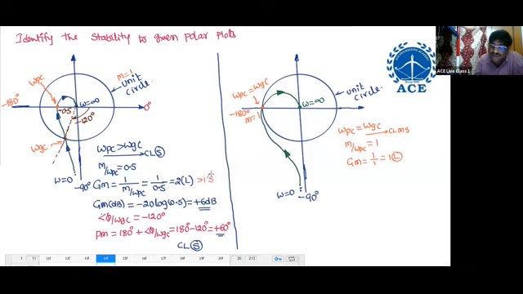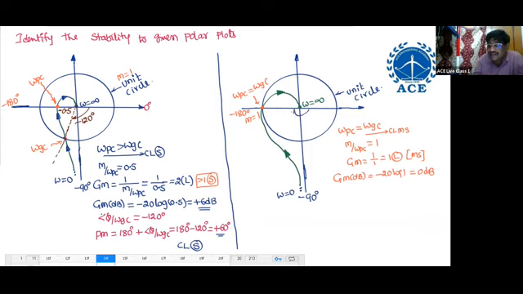Even in dB, 20 log 1, or minus 20 log of magnitude at omega PC which is 1, means 0 dB. So the gain margin is 0 dB, which means marginally stable.